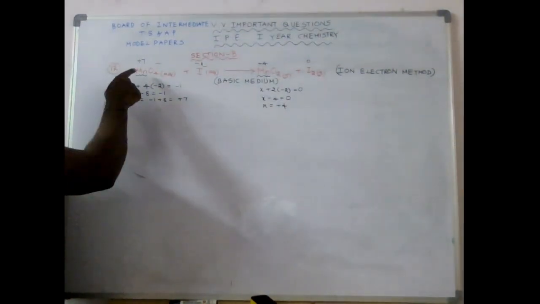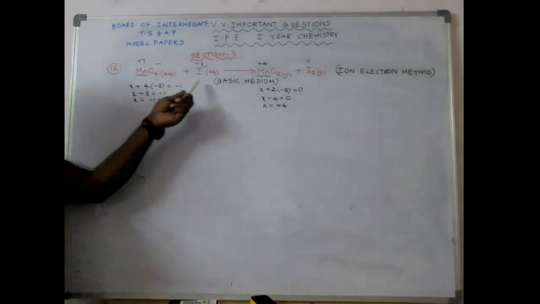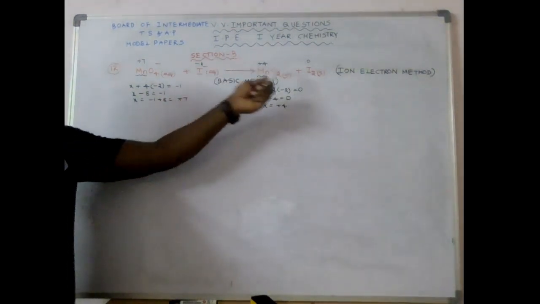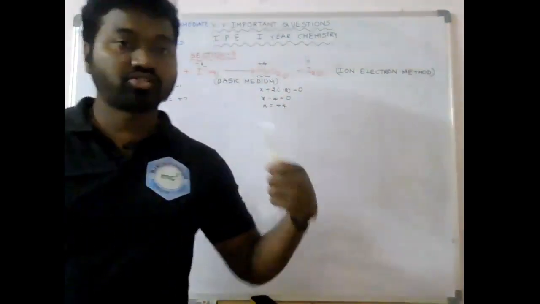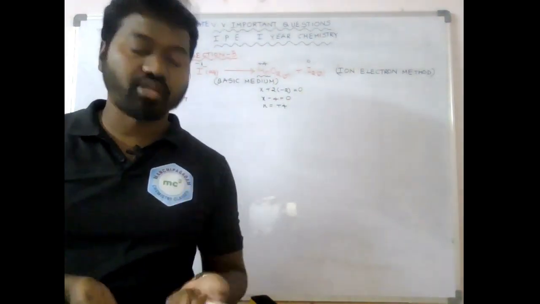If you observe the manganese, the left side manganese has oxidation number +7 and the right side has +4, so the oxidation number decreases. That is called a reduction reaction. For iodine, here -1, here 0, the oxidation number increases. That is called the oxidation half reaction.